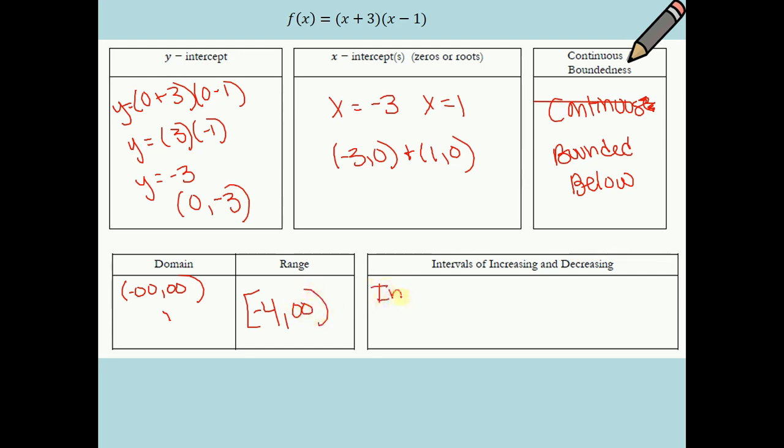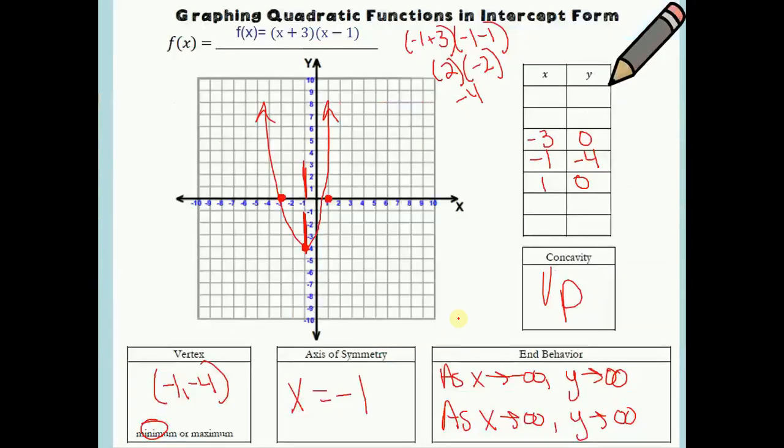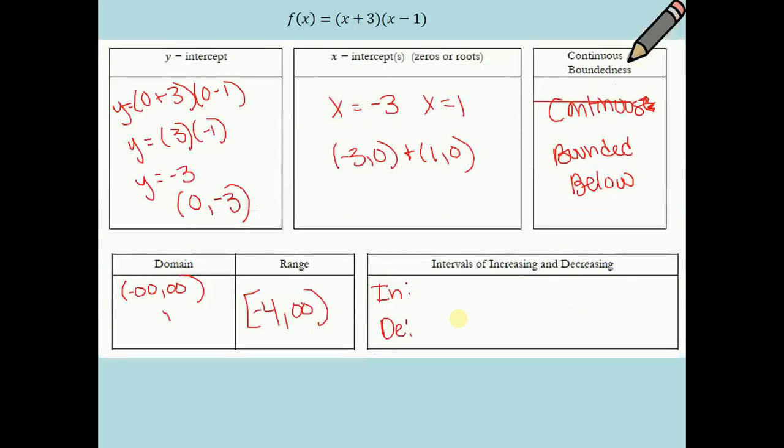Let's look at increasing and decreasing now. I am increasing from negative 1 to infinity. There we go. And then I'm decreasing from negative infinity to negative 1.